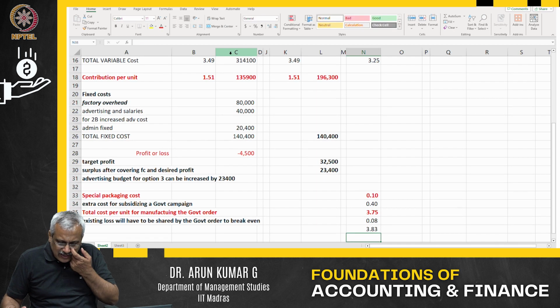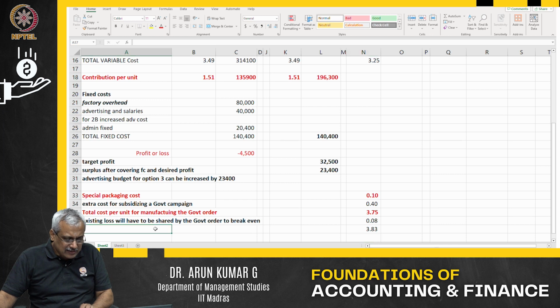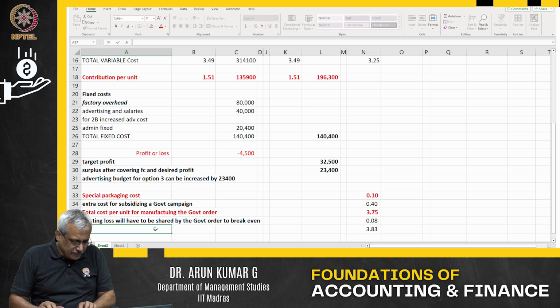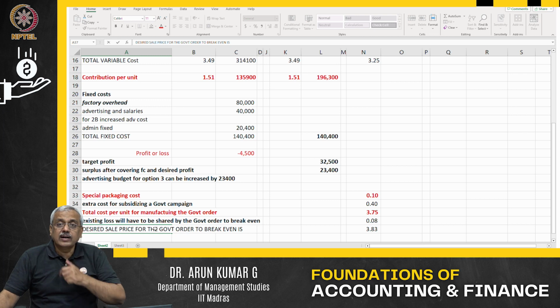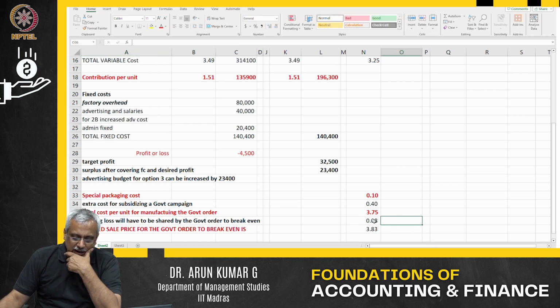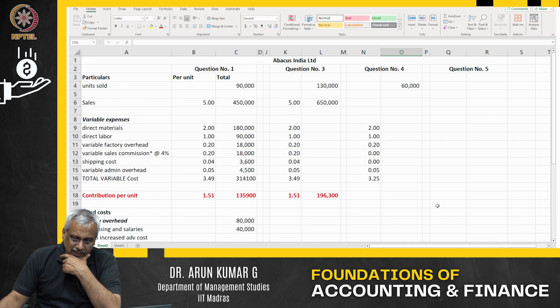The desired sale price for the government order to break even is 3.83. I am adding this loss to it too. So if I sell the 60,000 units of the government order at 3.83, I make no loss, no profit. That is where I break even.